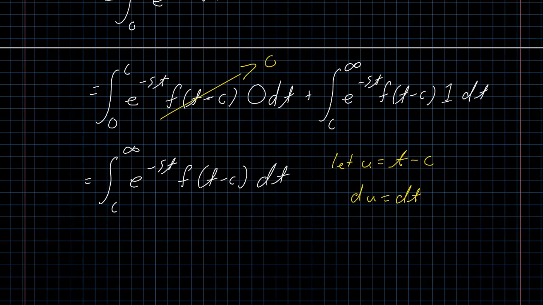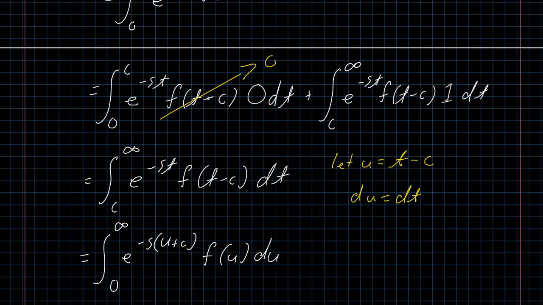And so this change of variables is going to give me the integral, u goes from 0 to infinity, of e to the minus s times, well, it was t, but if u is t minus c, then t is u plus c. Then f of t minus c becomes f of u, dt becomes du, and we're more or less happy.